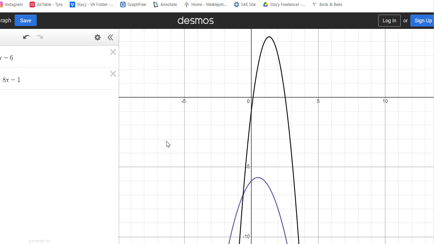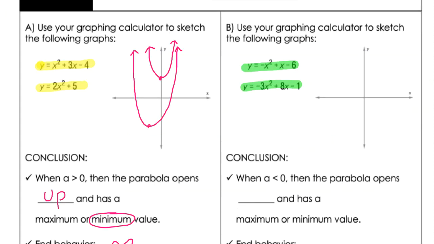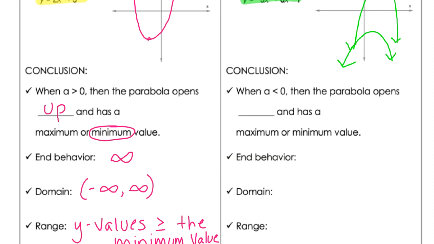That first one, negative x squared plus x minus 6, is the blue one down below. And the other one, negative 3x squared plus 8x minus 1, is this black graph here. If I sketch those onto our curve here, they look something like this. Let's use those to help us answer these questions.